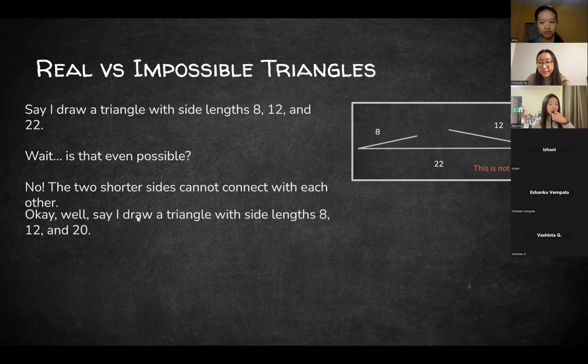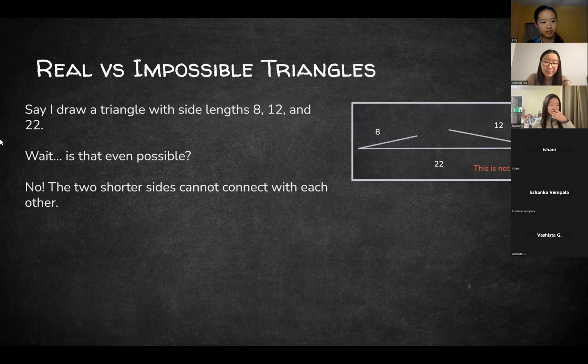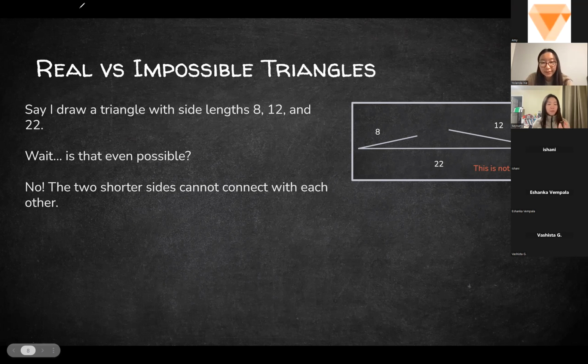And there's an easy way to determine in general whether three side lengths are long enough to form a triangle. The sum of the two shorter side lengths has to be longer than the third side length. So for instance, if it was 8, 15, and 22, that could form a triangle because 8 plus 15 is 23, which is greater than 22.